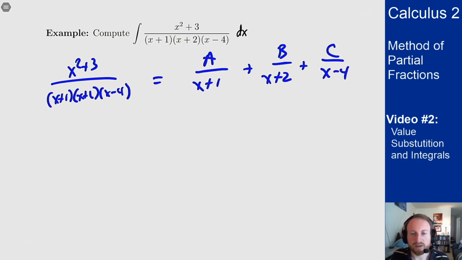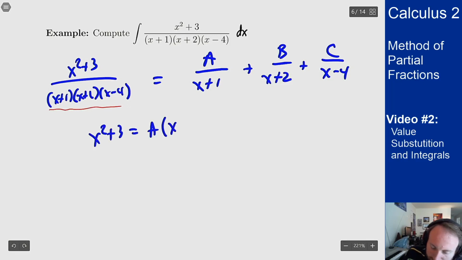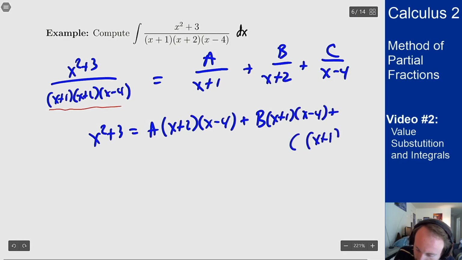So going to a common denominator and then clearing through, or multiplying both sides by this denominator here, gives me the following. x squared plus 3 equals a times x plus 2, x minus 4, because the x plus 1 will cancel with the one that's already there, plus b times x plus 1, x minus 4, plus c times x plus 1, x plus 2.